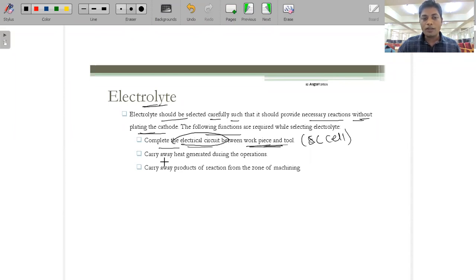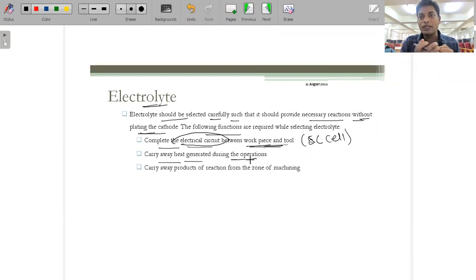The electrolyte also carries away the heat generated during the operation. Here the material is not removed due to heat.